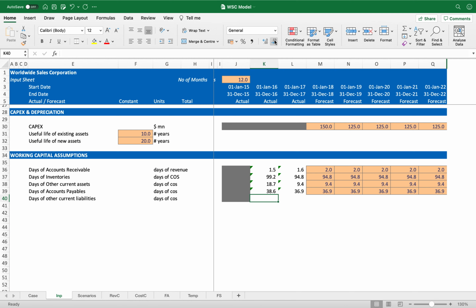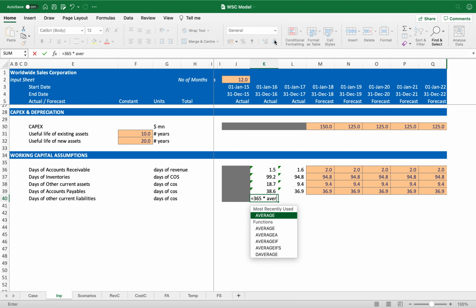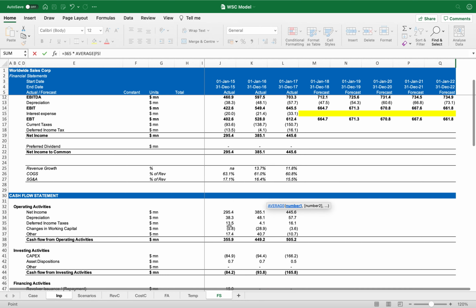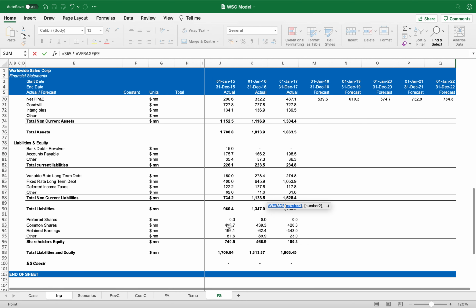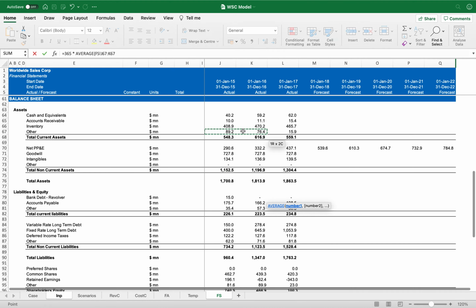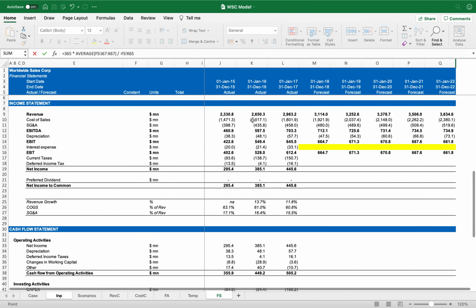Similarly, days of other current liabilities, 365 multiplied by average other current liabilities and divided by cost of sales.